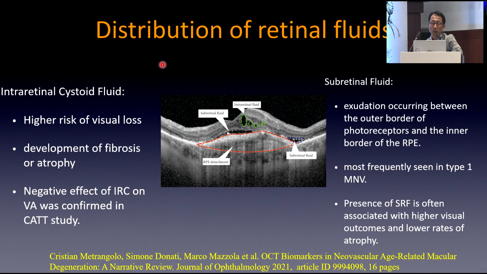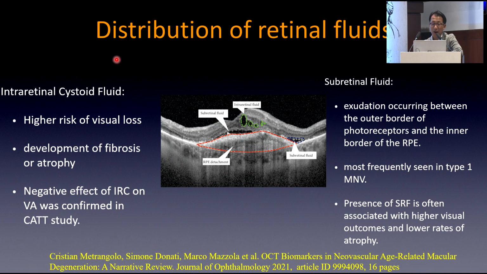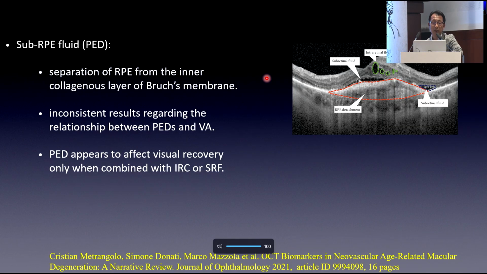OCT biomarkers that we can see in neovascular AMD can be divided into distribution of retinal fluid and structural arrangement. In the distribution of retinal fluid, we have intraretinal cystoid fluid, subretinal fluid, and sub-RPE fluid.